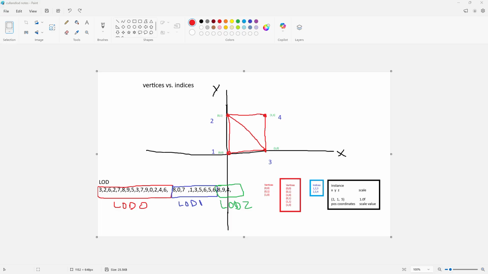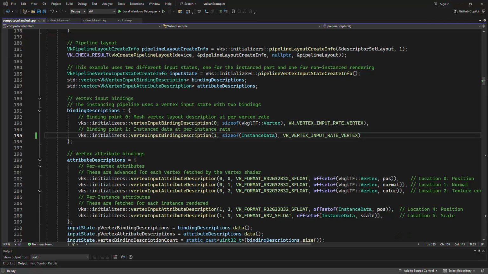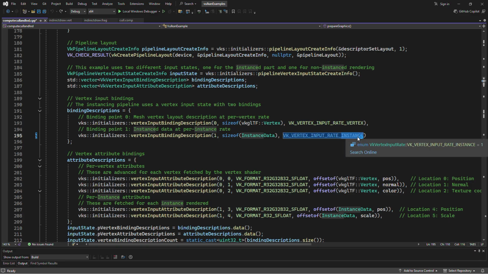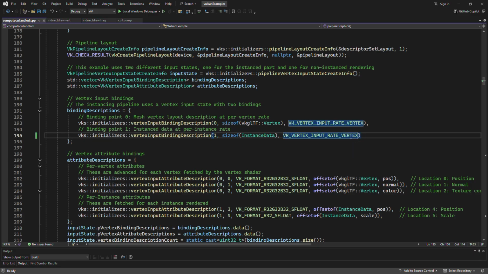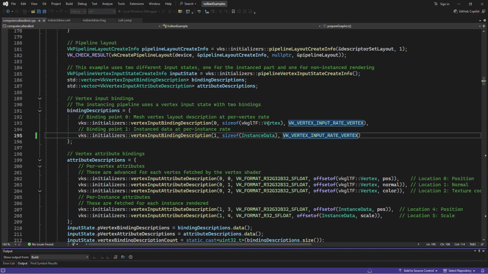I know it looks like there's a lot of instances here, but it's nothing compared to the 10 or 20,000 that we're doing for each individual object. So the million dollar question is, what happens when instead of per instance data at per instance rate, we take the instance data but do it per vertex? What do we expect to happen?